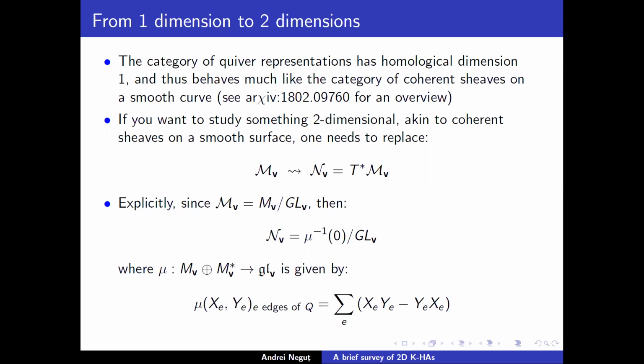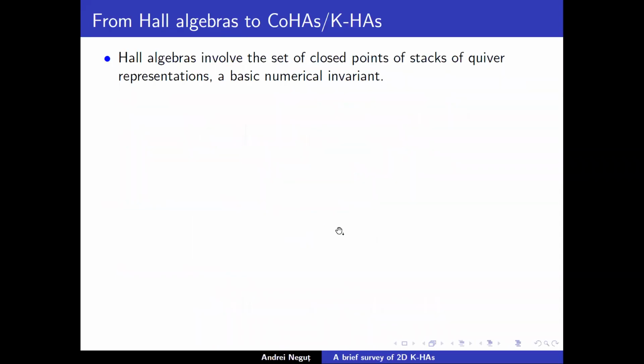And then take that mu inverse of 0 and quotient it by the action of GLV, because it's not hard to see that this map mu is GLV equivariant. All right, so we still have a quotient stack, but it's a little bit more complicated because while MV was an affine space modulo G, N is an affine variety modulo G, and it's going to have just slightly more complicated geometry.